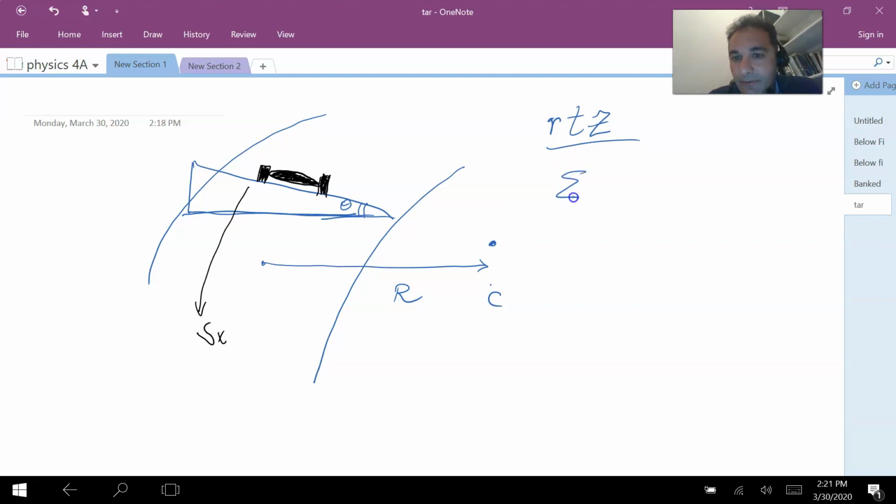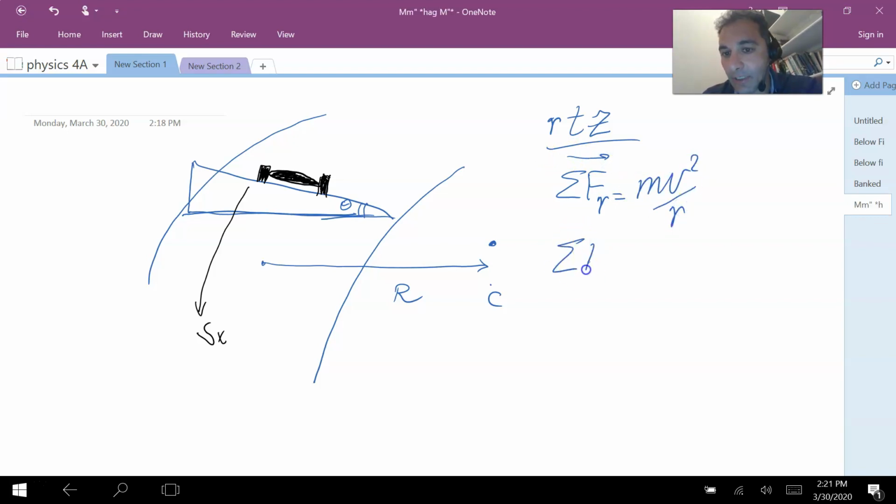So remember, we apply sigma F on the radial axis, or central axis, equal to mv squared over r. Sigma F on the tangent axis is m a_t, which, let's assume the car goes at constant velocity, so it will be 0.